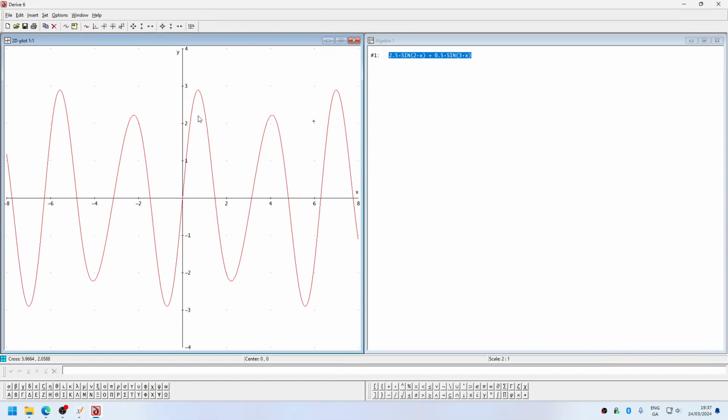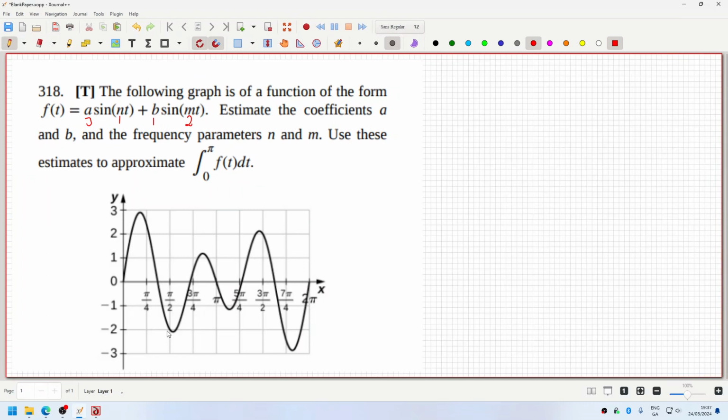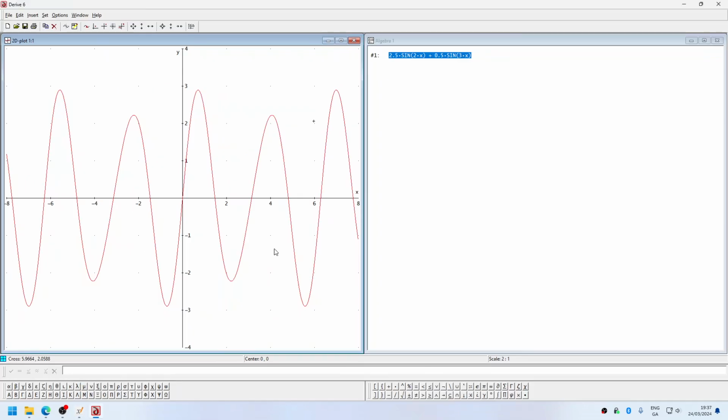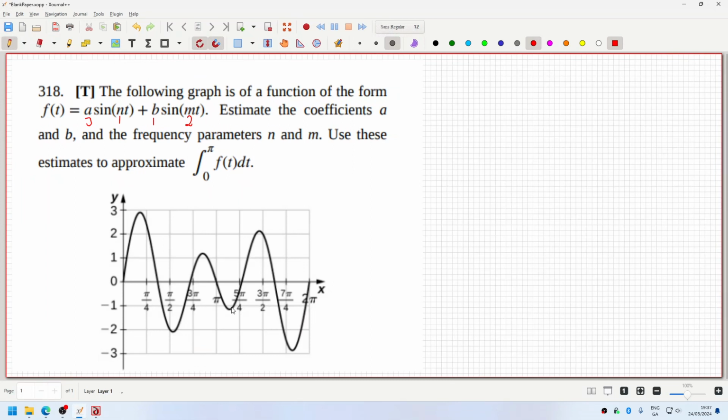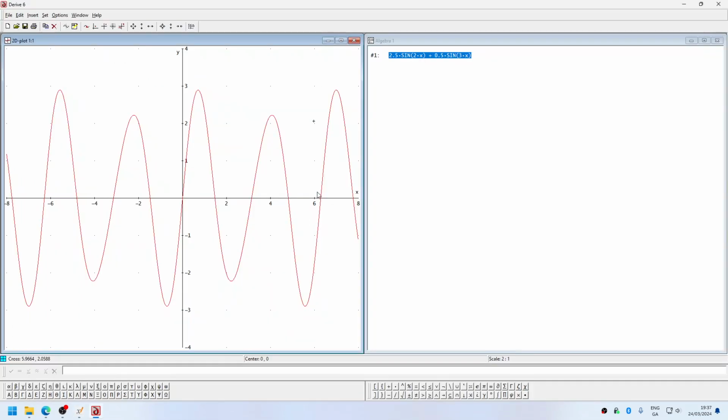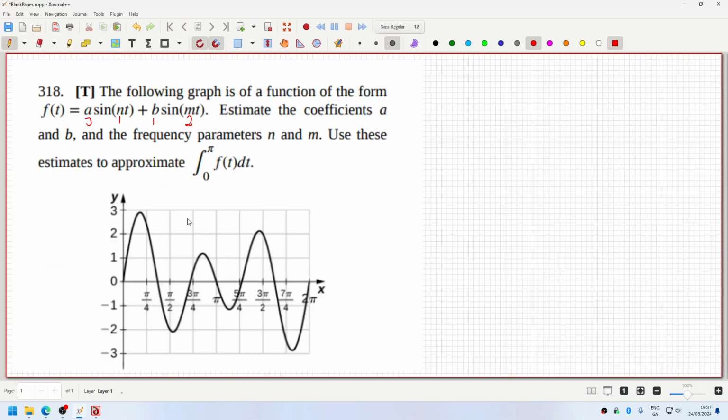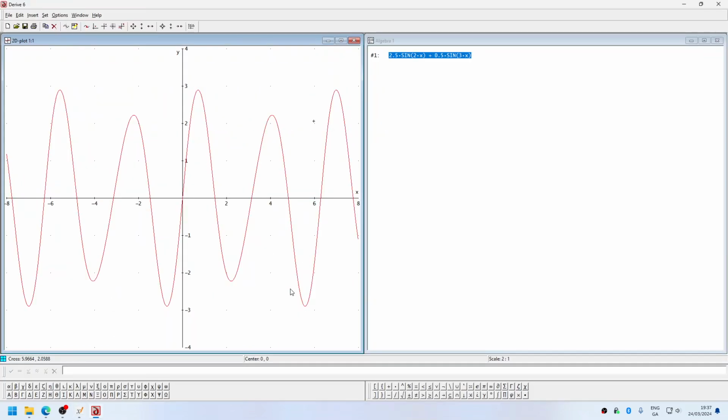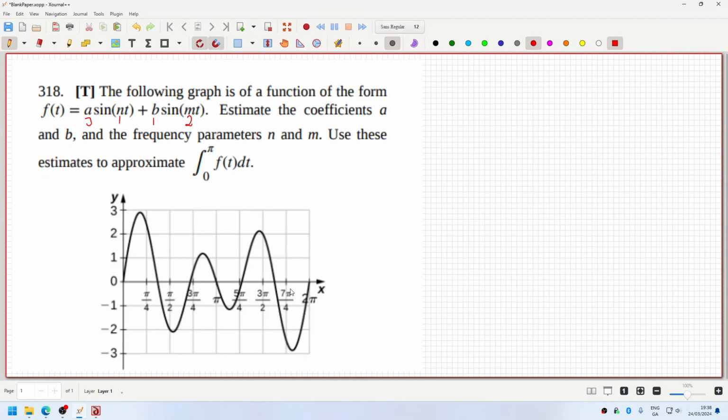Hmm. Goes up to near 3, down to -2, up to 1, down to... No, okay, it's not quite there. 3 1.